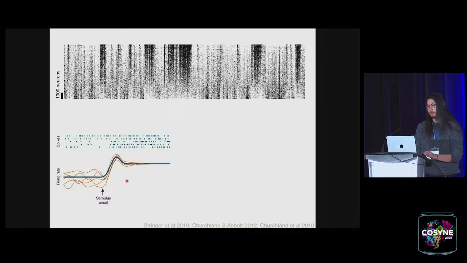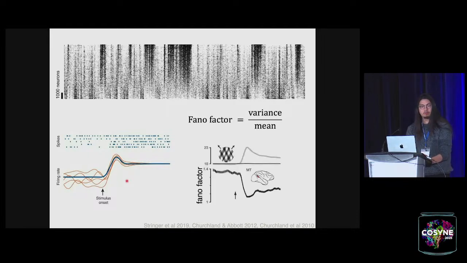We can use the Fano factor, which is defined as the intertrial variance divided by the mean, to try to capture this. And when we look at the Fano factor, when the visual stimulus comes on, we can see a sharp decrease. This is recorded from neurons in area MT to this plaid stimulus. But it's important to note that this isn't just for one type of stimulus or even one type of brain area.